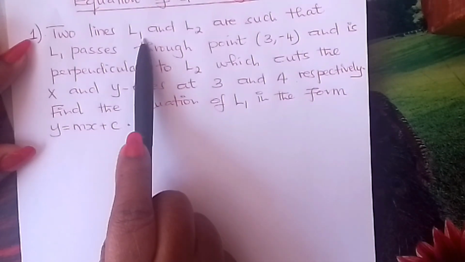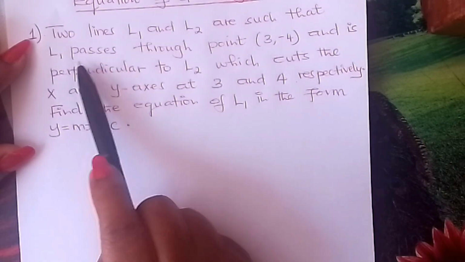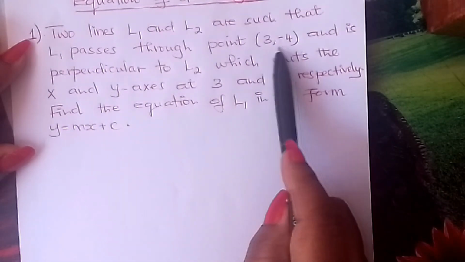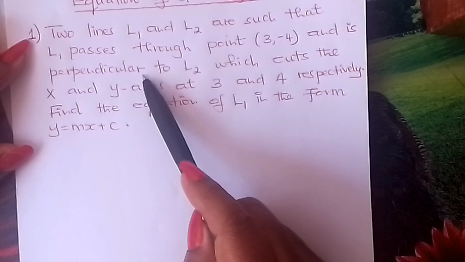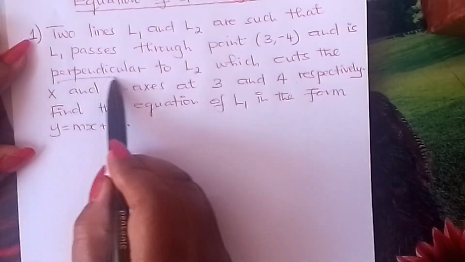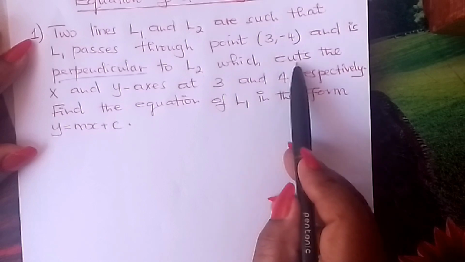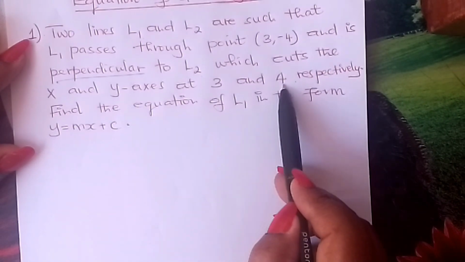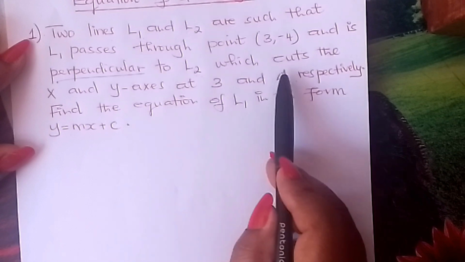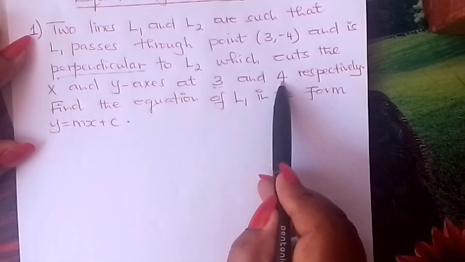Two lines L1 and L2 are such that L1 passes through point (3, -4) and is perpendicular to L2, which cuts the x and y axes at 3 and 4.